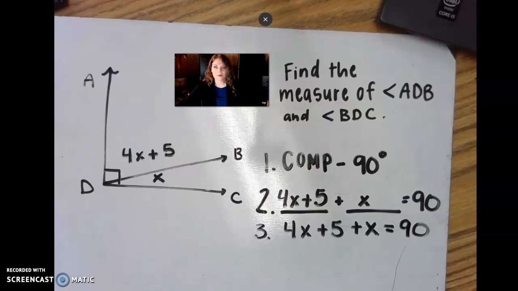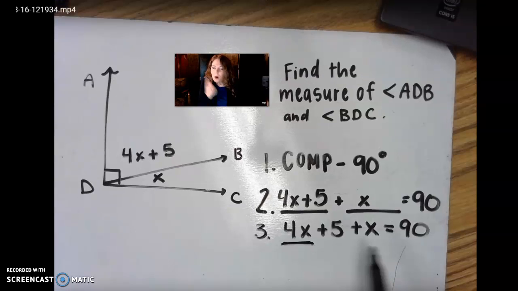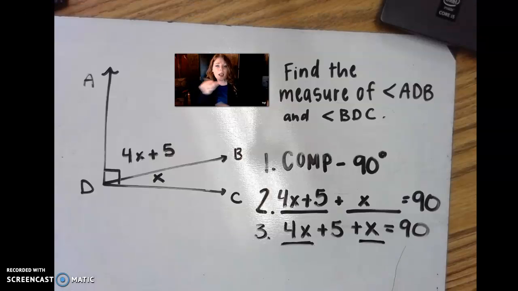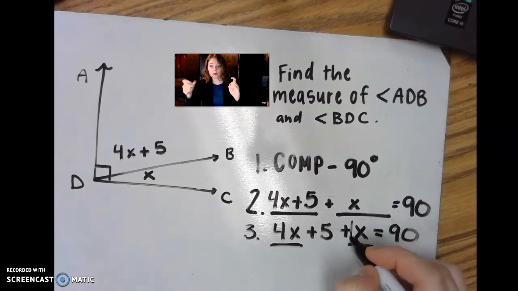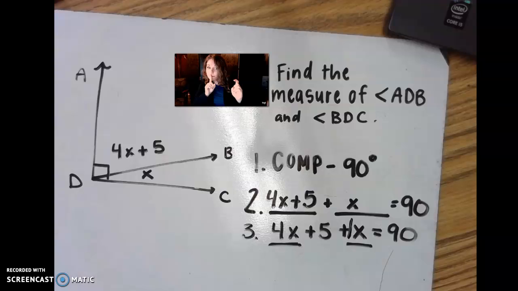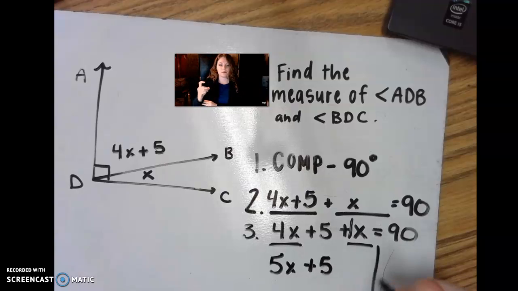We told you yesterday the very first step is always combining like terms. I can combine these because they both have the same variable, 4x and 1x. Remember there's an invisible 1. That is 5x, and I bring down everything else.